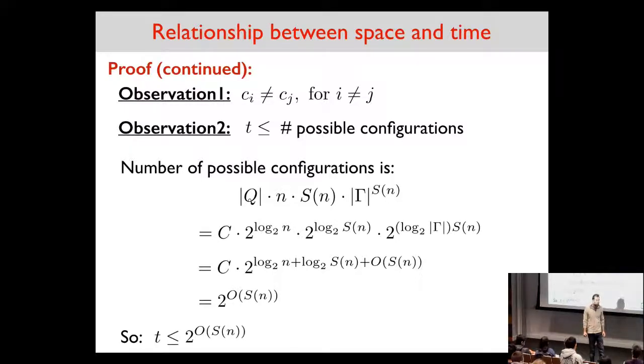Yes, you can work with a two-tape machine, because every two-tape machine can be simulated by a one-tape machine with a quadratic slowdown, I think.